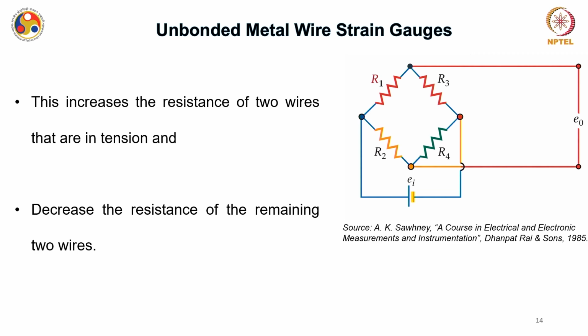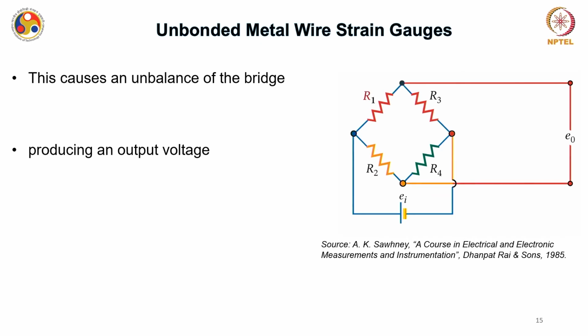So the resistance of the 2 wires which are in tension increases, while the resistance of the remaining 2 wires decreases. When you have this kind of imbalance, your bridge is not in the balanced condition, and at that point you cannot expect E naught to be 0, meaning there is a certain voltage at the output.